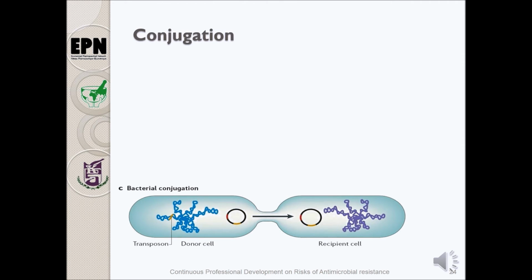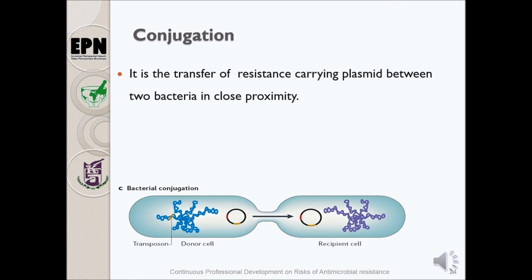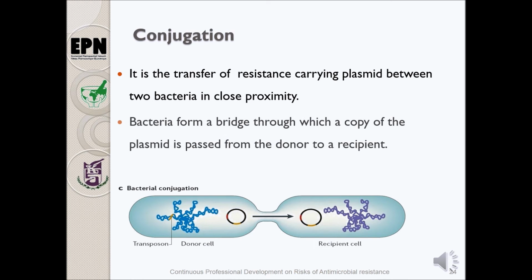In conjugation, two cells are normally in close proximity to each other, and there is a hollow bridge-like structure known as a pilus that forms between the two cells. Bacteria would form a bridge through which a copy of the plasmid bearing the resistant gene is passed from the donor to a recipient.